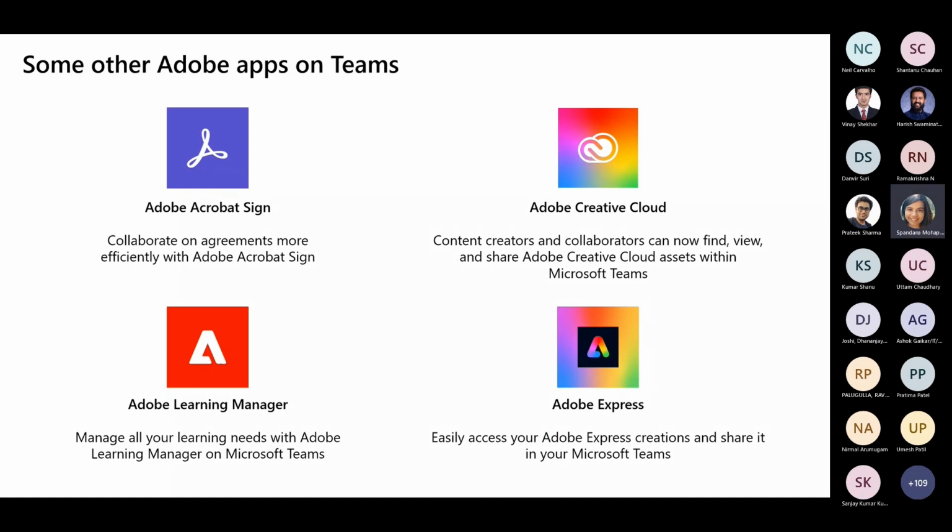This is Bhuvan. I have one question. When someone posts a comment in the PDF, how will the other members get the notification? Is it in the activity feed? Not currently. Let's say I share a PDF with you and you comment on it. The Acrobat app also has a bot.